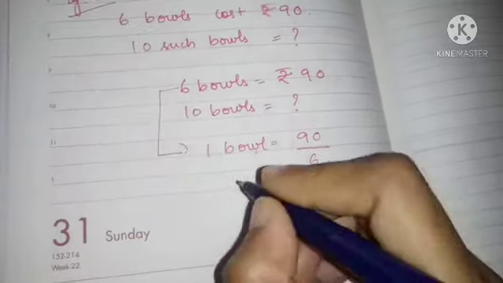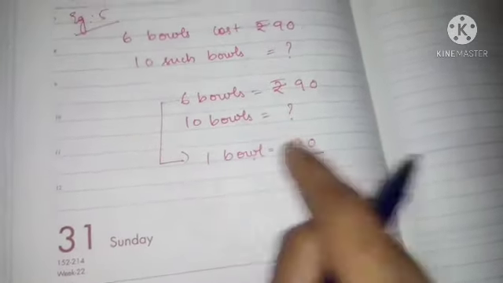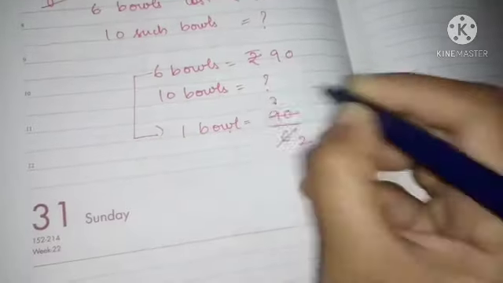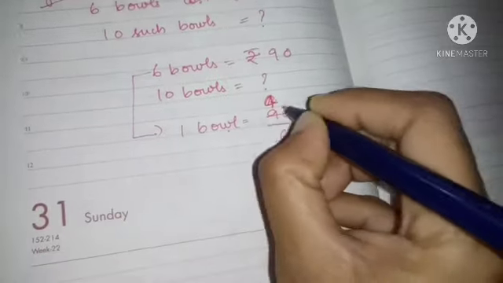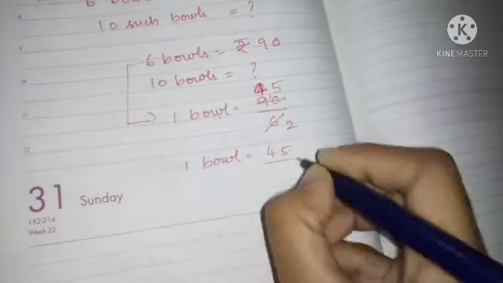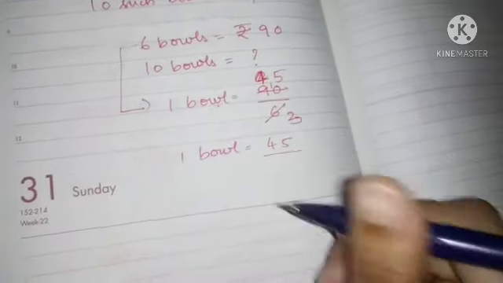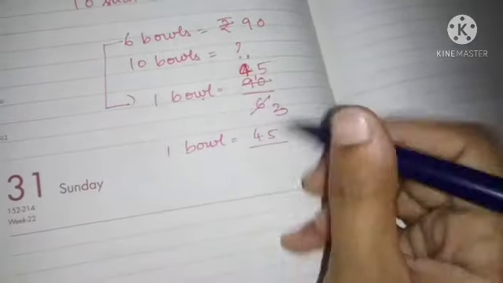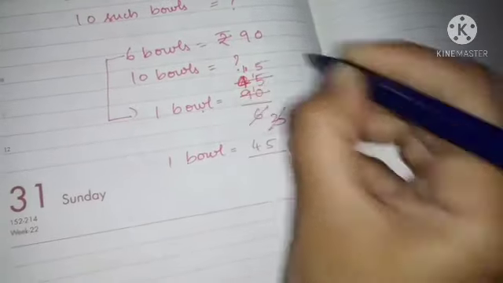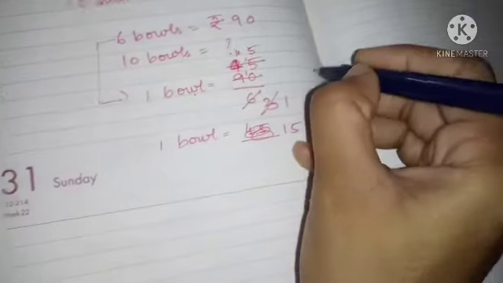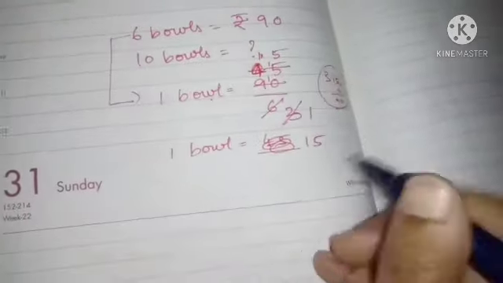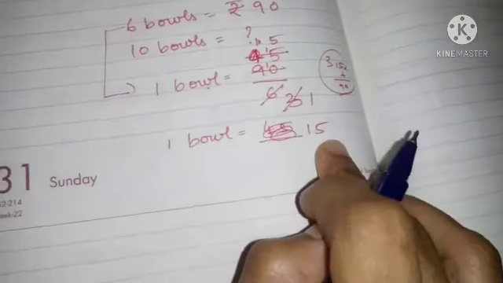Correct? 3 2s are 6, 3 4s are 12, 3 5s are 15. So 1 bowl is 15 rupees. If you cancel this, for 1 bowl it takes 15 rupees, okay.